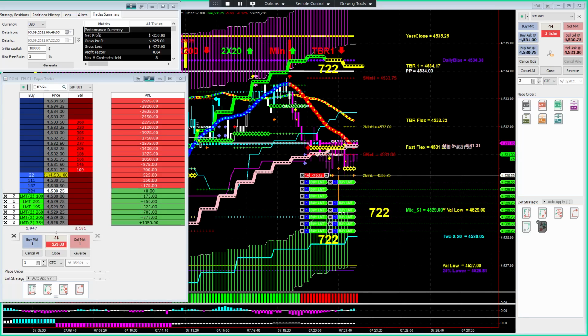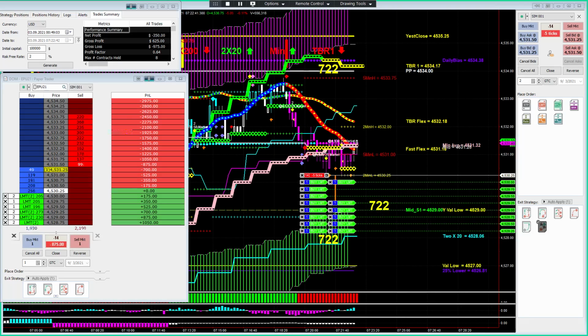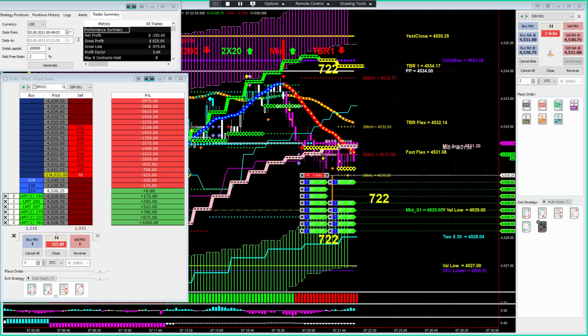I need a down move, 722. Around the 5 minute low. We're above the 2 minute close for now.